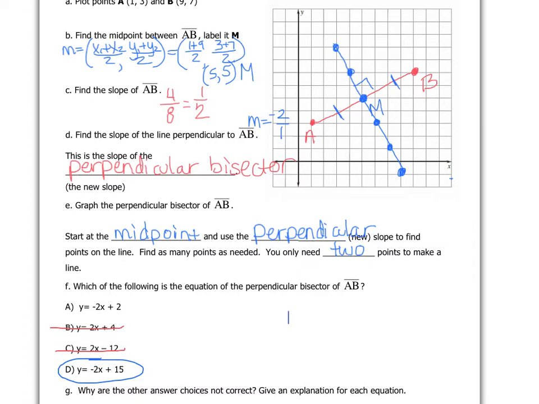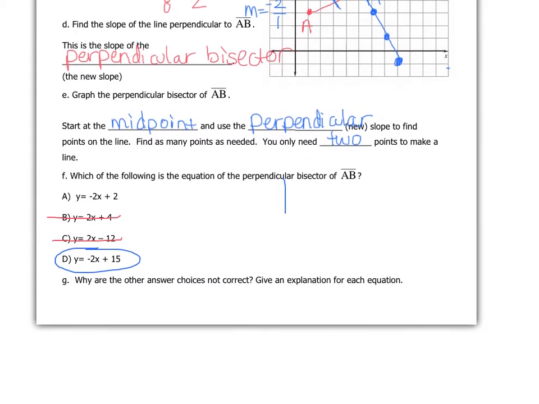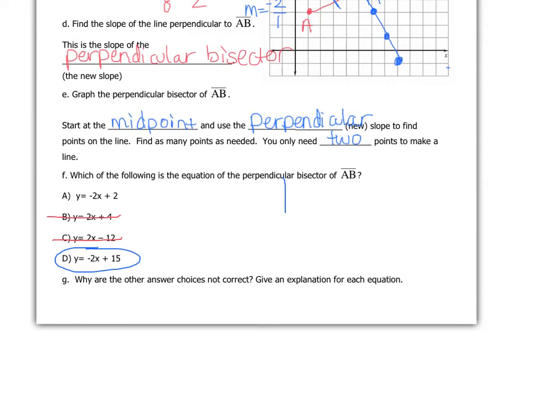So the other part asks, why are the other ones not correct? And that's kind of what I just went over. Why are the other answer choices not correct? Give an explanation for each. B and C do not have the correct slope.